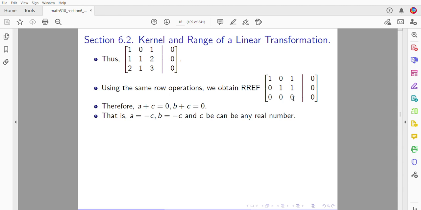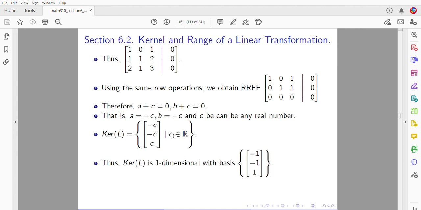No restrictions. So notice this is actually one dimensional because only C has the freedom to be anything. So it is spanned with basis negative 1, negative 1, 1, with C equals 1. Alright. So kernel is one dimensional.